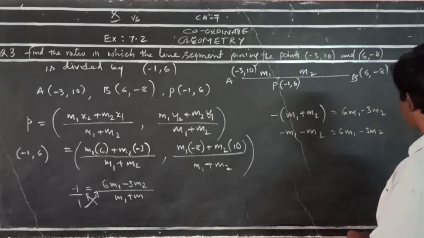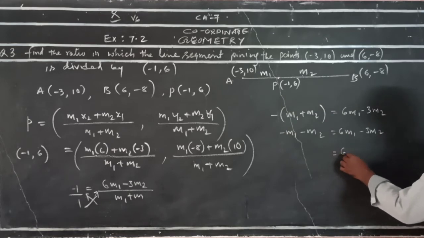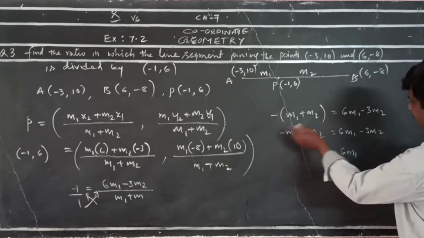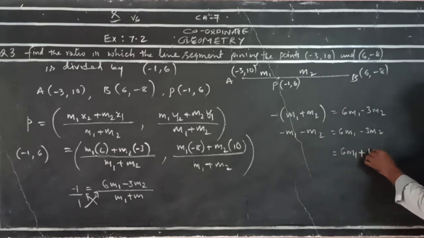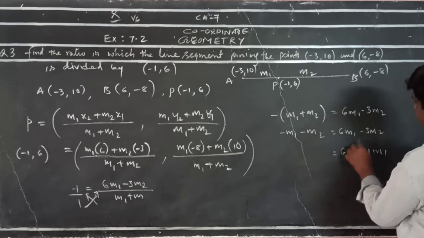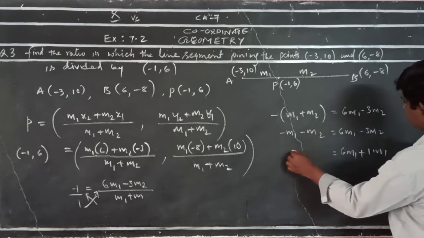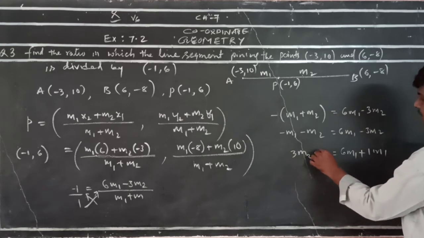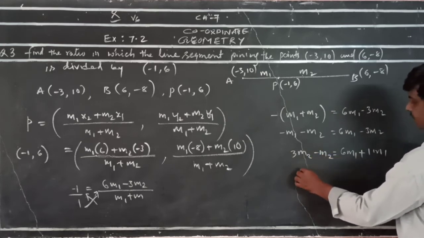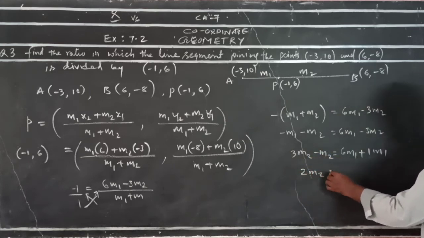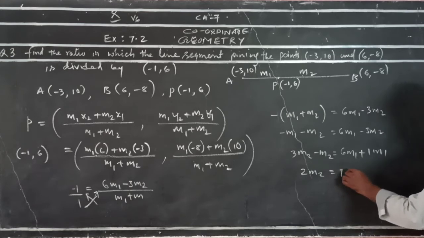To simplify, I will take 6m1, and negative m1 comes to this side as plus m1, and minus 3m2 goes to that side. This is 3m2 minus m2. So you will get 2m2 equal to 7m1.